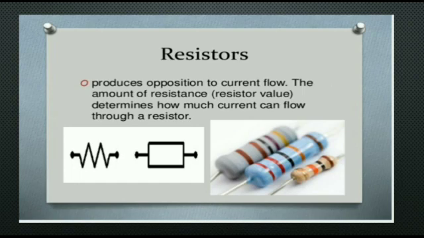The amount of resistance determines how much current can flow through a resistor. These lines are indicating the values of the resistance.